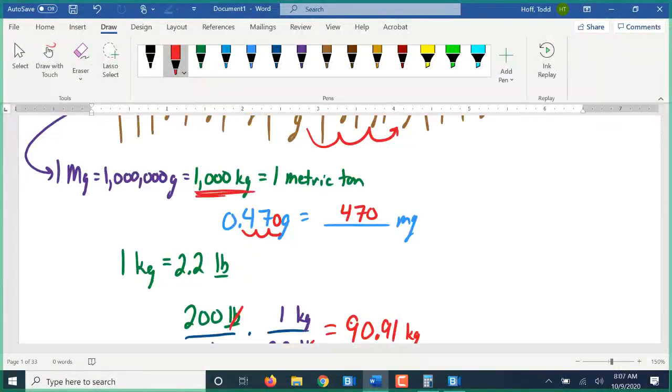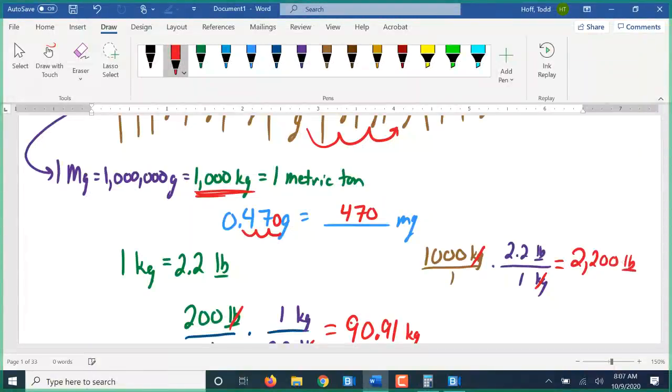The 1,000 kilograms, the metric ton, let's take a peek at that for a second here. If I convert that into pounds, 1 kilogram is 2.2 pounds. Well, the kilograms cancel out. 1,000 times 2.2, that's about 2,200 pounds.